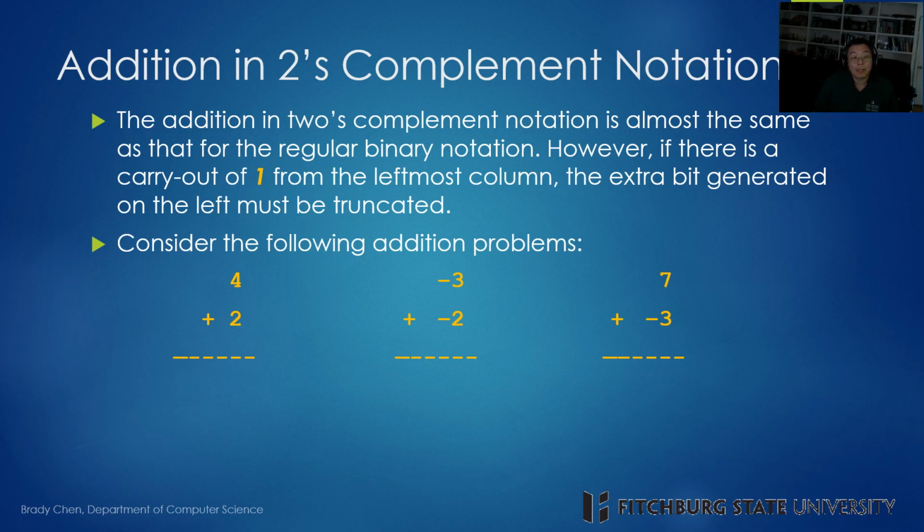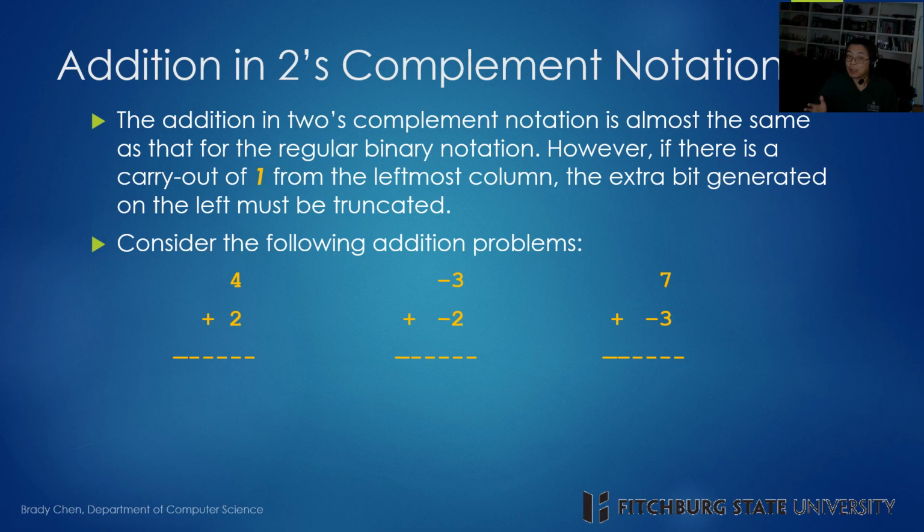So now let's talk about addition in 2's complement notation. Addition in 2's complement notation is almost the same as for regular binary notation. However, in 2's complement we use a fixed number of bits.